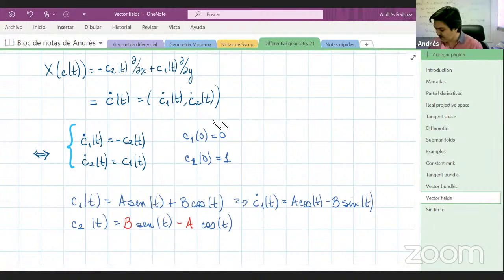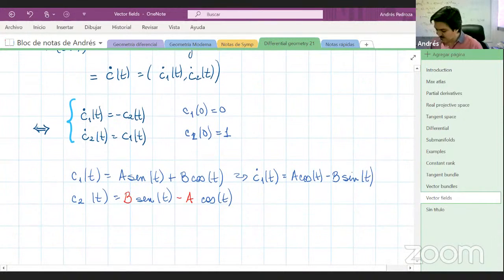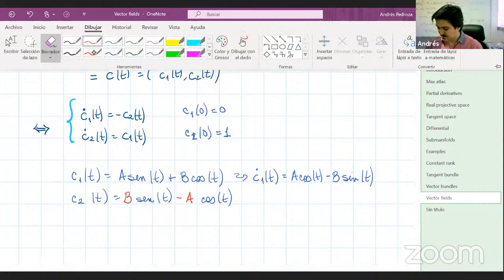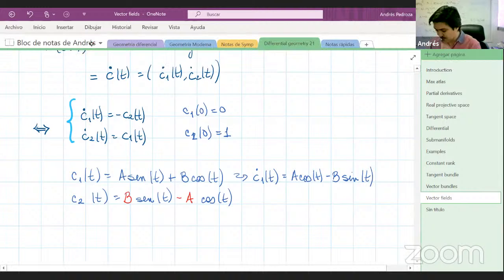And that's how we are going to get the values of A and B. For instance, C1 has to be equal to 0 and 0. That will give me what? From this one.